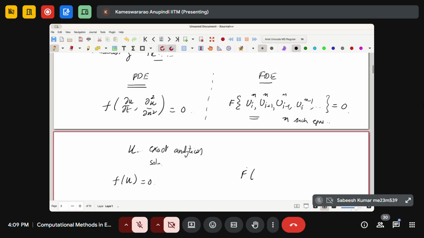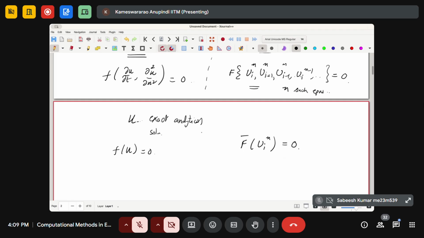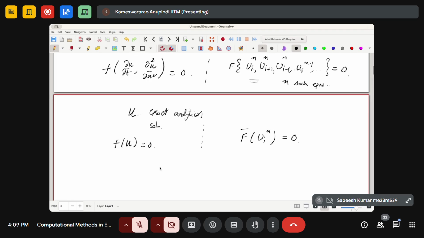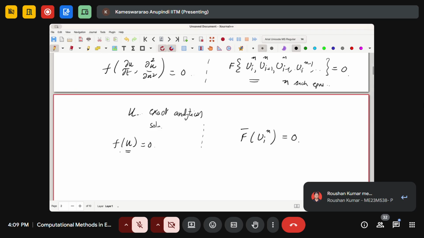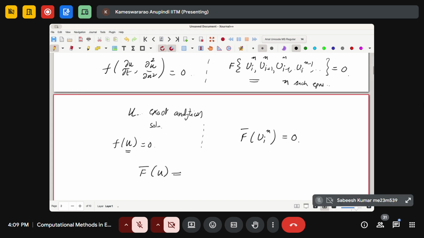Similarly, the capital U is going to satisfy the finite difference equation, the algebraic equation. But the exact analytical solution, that is little u, is not going to satisfy the finite difference equation. This is not going to be 0.